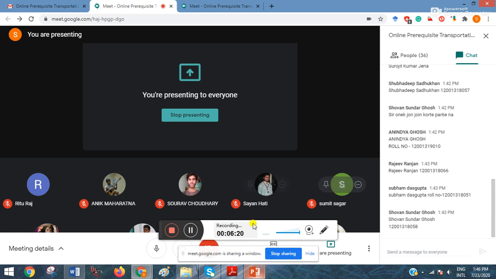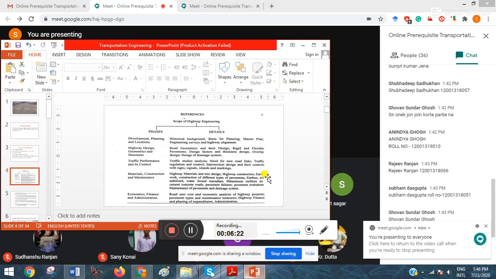Not tough, but important plus tough, because lots of engineering is involved in highway engineering. In a nutshell, it may be said that highway engineering deals with various phases like development, planning, alignment, highway geometric design, and location.